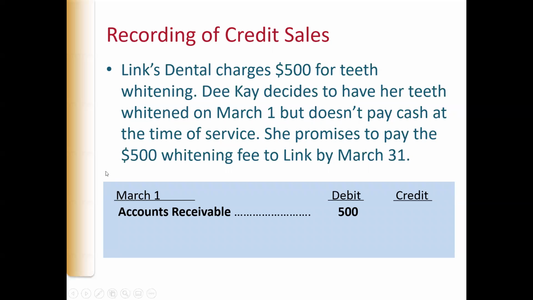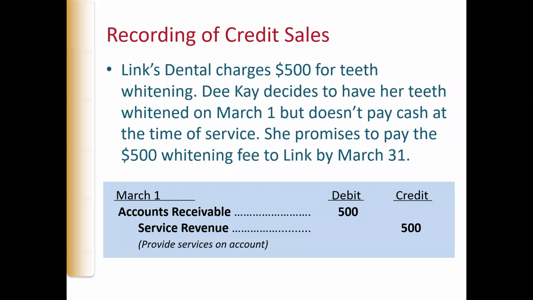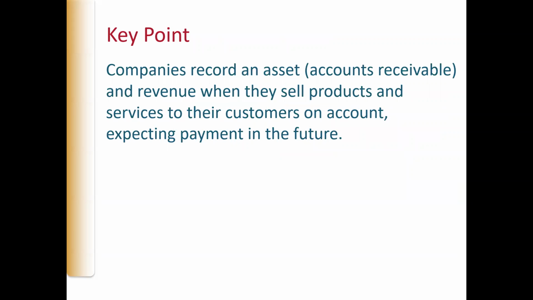So what would we do here? We would show a debit to accounts receivable for $500, and we would show a credit to service revenue for $500. This is once the job is completed, we have provided the service, we would record this transaction.